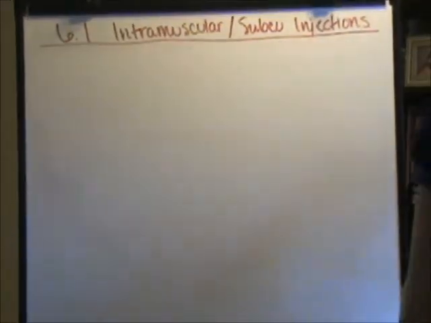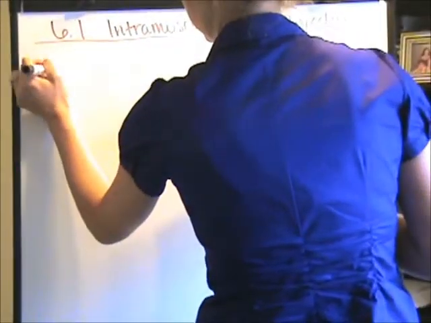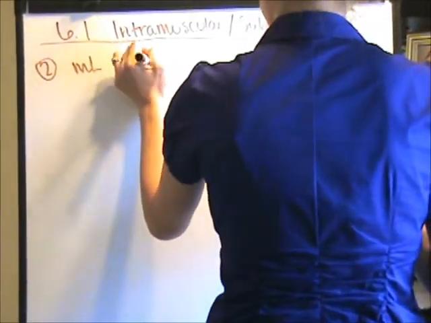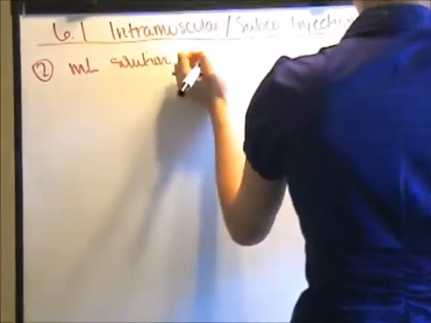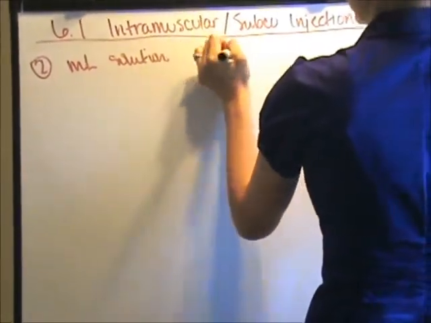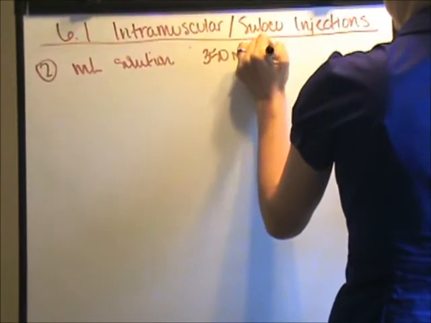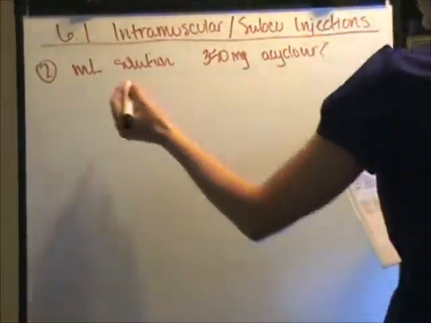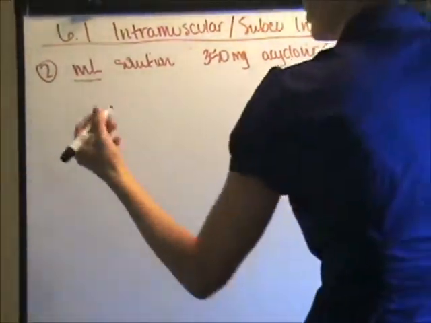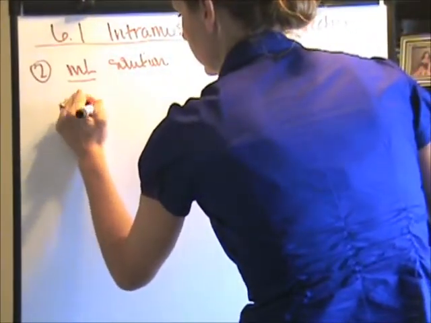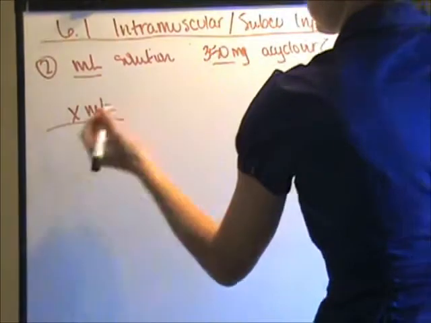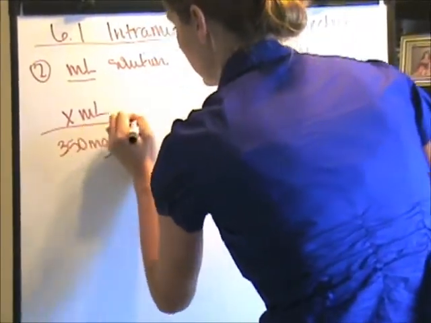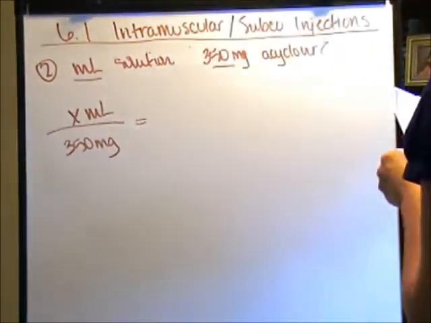Okay, let's look at number 2. How many milliliters of solution are needed to provide 350 milligrams of acyclovir? So it says how many milliliters. We know that that's going to be X. Our desired dose is 350 milligrams. So let's take a look at the prescription label.